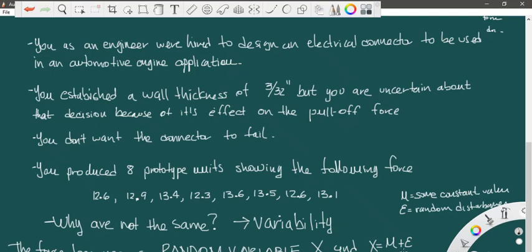And we are adding this little term named epsilon. Why are we adding this epsilon? Because epsilon represents the natural variability of these random variables. Some of these differences from part to part are coming from the measurement system, which is something we already covered almost a year ago.